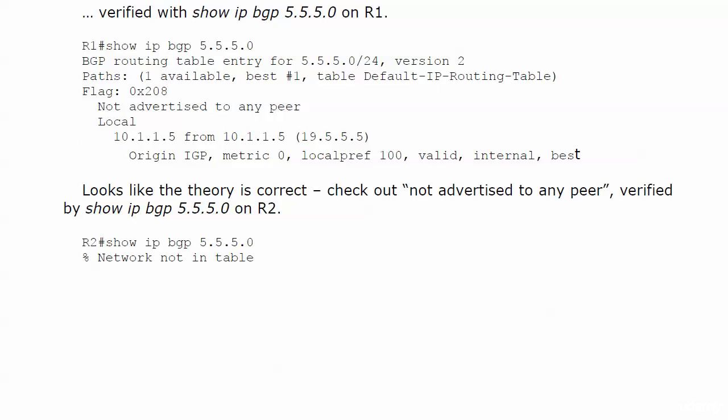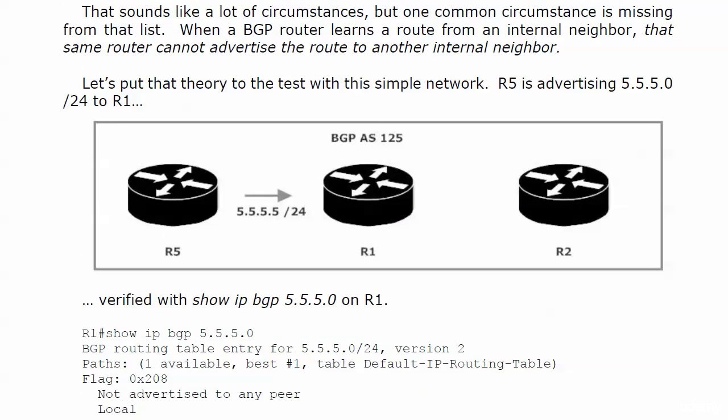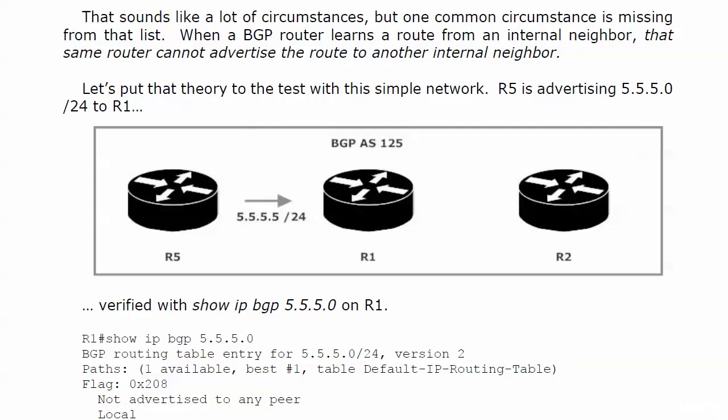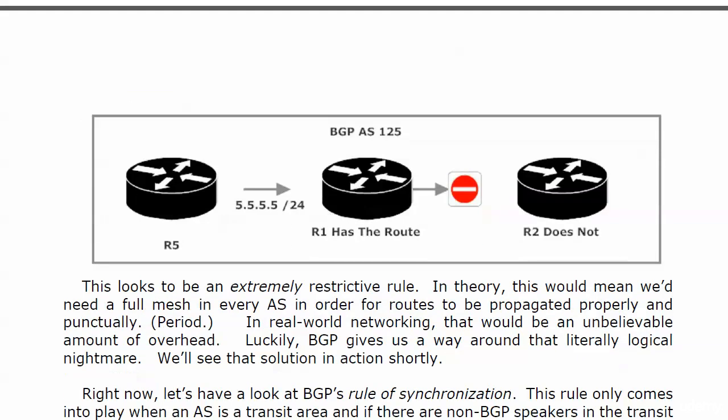But check out the phrase "not advertised to any peer." If we go over to router 2 and run show ip bgp for that network, we see the network's not in the table. So even though routers 1 and 2 are internal neighbors and the adjacency is fine, router 1 learns about a route from an internal neighbor, router 5, and will not advertise it to another internal neighbor, that being router 2.